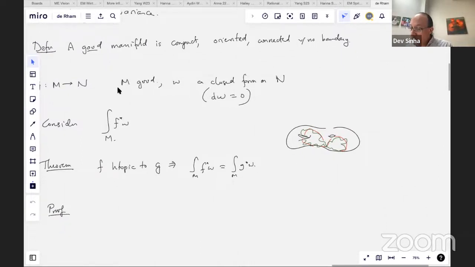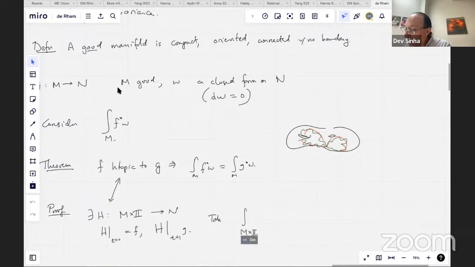So homotopic means that there exists an H from M cross the interval 0, 1 to N, so that H restricted to time 0 is F, and H restricted to time 1 is G. Then we take the integral over M cross I of d of this H upper star omega.